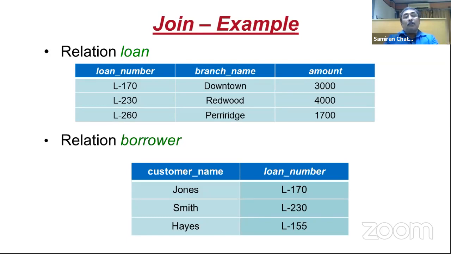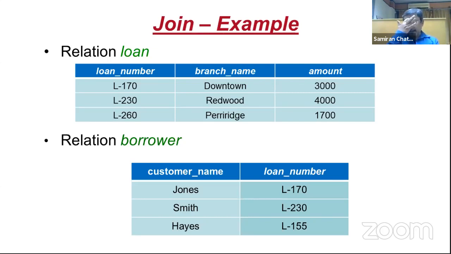Loan cross borrower is the parent, in which loan number is the common attribute in this case. Loan number in loan is equal to loan number in borrower. Those tuples will come in the join, be it equijoin, be it natural join.